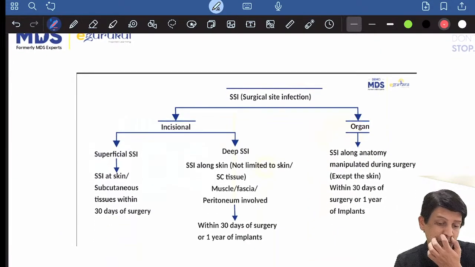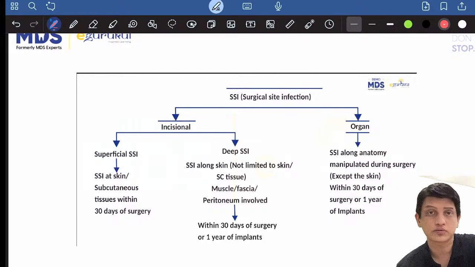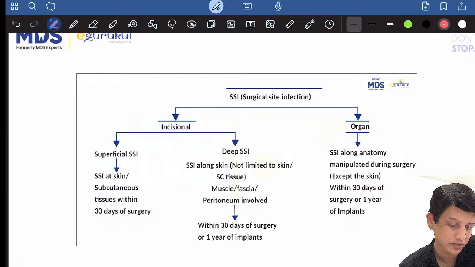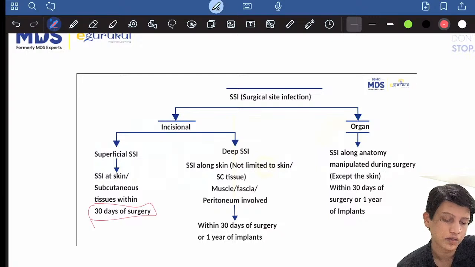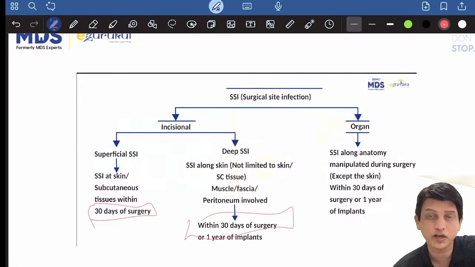In case of superficial surgical site infection, it is within 30 days. In deep surgical site infection, if the infection is in the muscle or fascia, it is within 30 days of surgery or 1 year of implants.